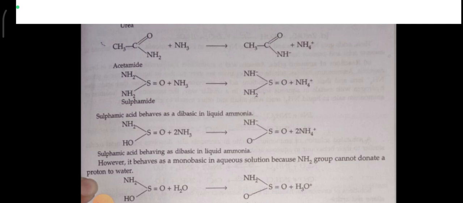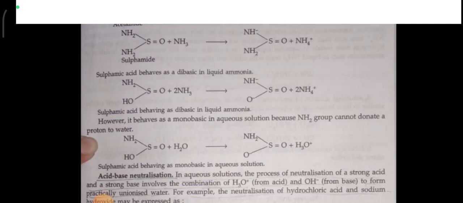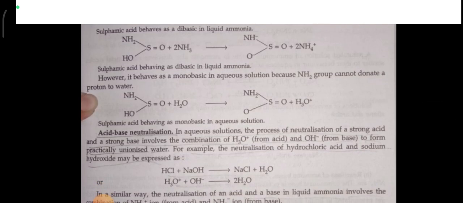Sulfamic acid behaves as a dibasic acid in liquid ammonia. However, it behaves as a monobasic acid in aqueous solution because the NH2 group cannot donate a proton to water.